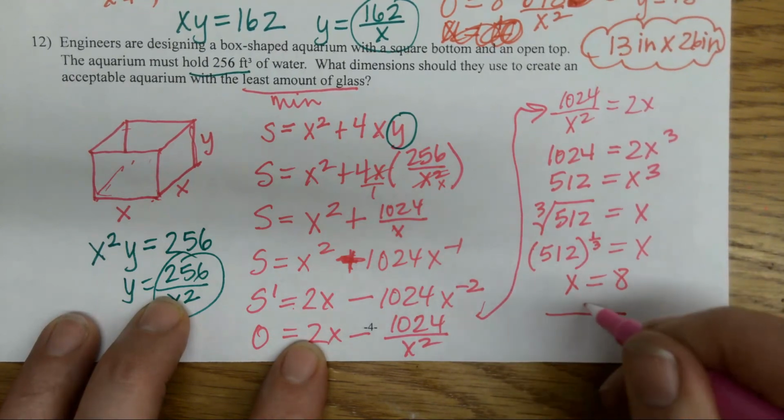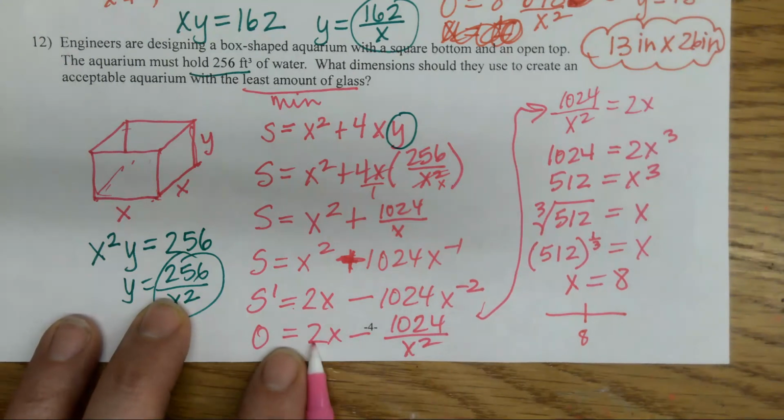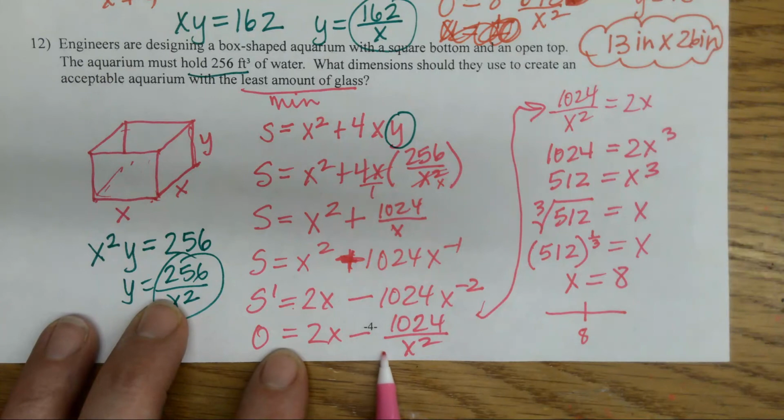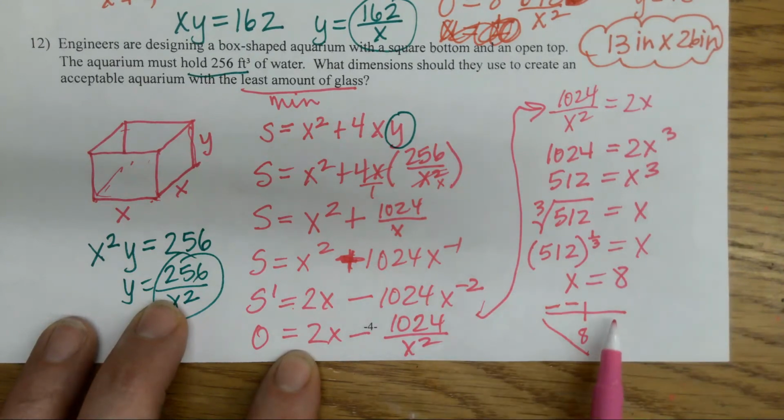And I'm going to again go ahead and do a test point in my derivative. I'm going to do it in this piece right here, the one that I'm circling around. I will plug in 1. That gives me 2 minus 1024, definitely negative. And then I'll plug in something like 10.